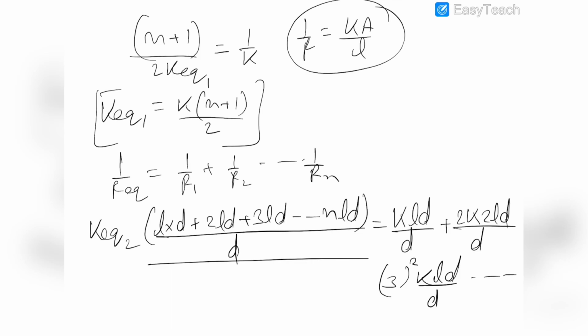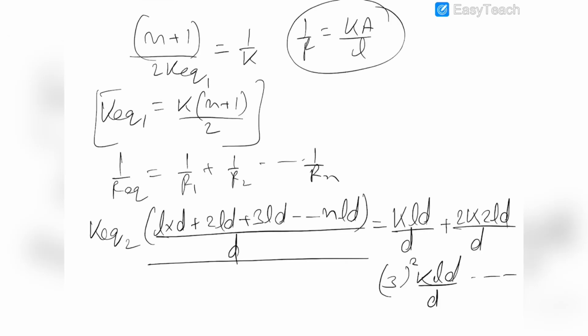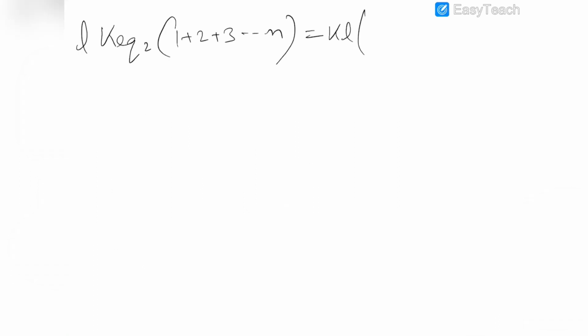So K equivalent 2 into L into this AP is 1 plus 2 plus 3 up to N is equal to this, taking out this D, cancelling D with D, taking out KL common. So it would be KL into 1 plus 2 square plus 3 square up to so on.